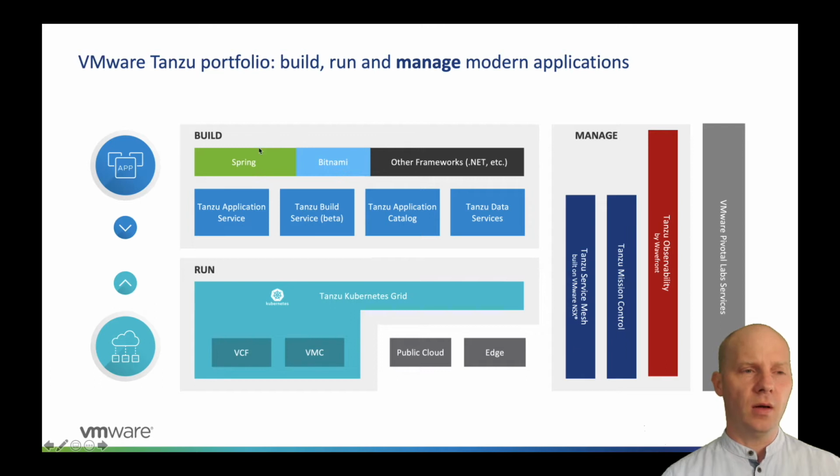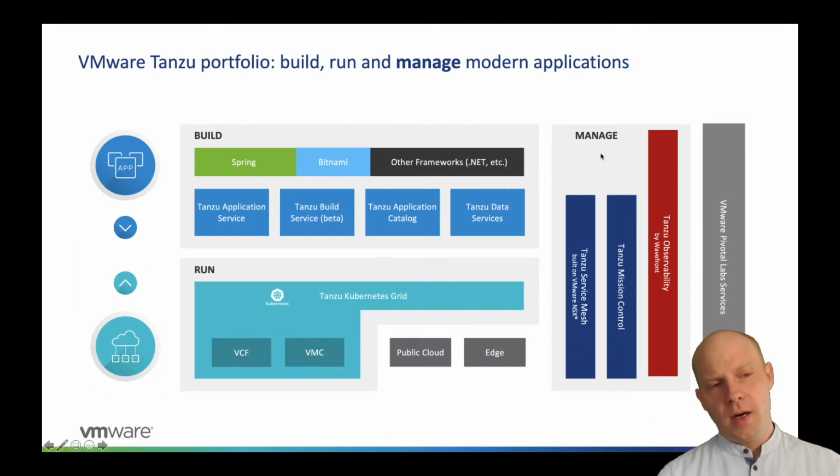So developer speed up is what we have in mind here, and we do have the Spring framework in there, and the Tanzu build service that allows you to quickly and consistently build images from your source code. We do have the run section, and this is where you find our Tanzu Kubernetes grid distribution, which is the basis for these new dynamic workloads.